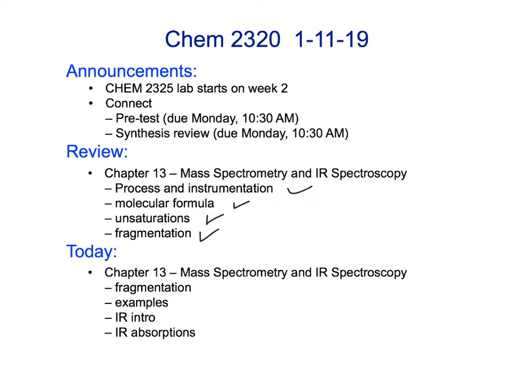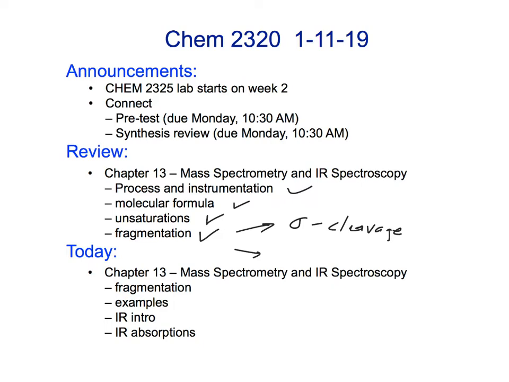We talked about two types of fragmentations. One was called the sigma cleavage. This is just the cleavage of sigma bonds that we observe when we have alkanes.